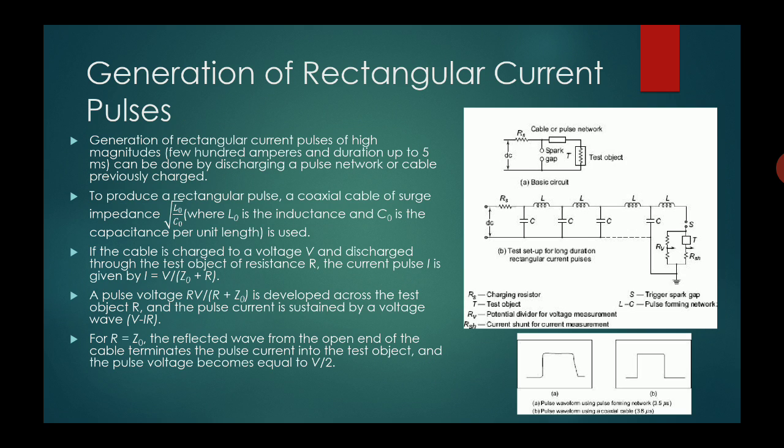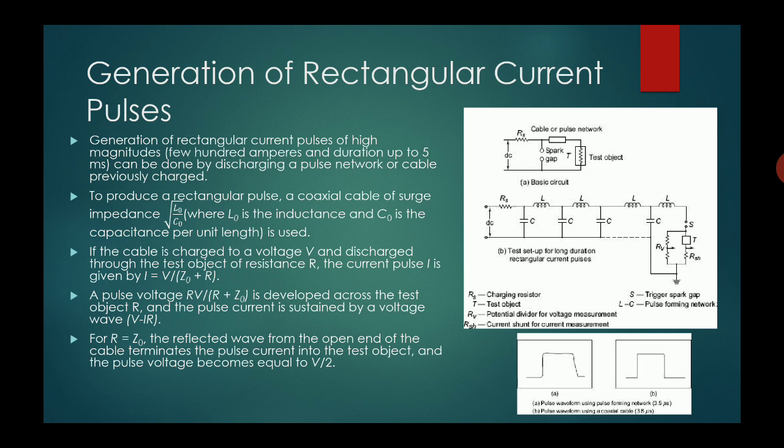If the cable is charged to a voltage V and then discharged, the current produced is V/(Z0 + R), where V is the applied voltage. The pulse voltage RV/(R + Z0) is developed across the test object R, and the pulse current is sustained by a voltage wave V - IR. For R equal to Z0, the reflected wave from the open end of the cable terminates the pulse current into the test object, and the pulse voltage becomes equal to V/2.